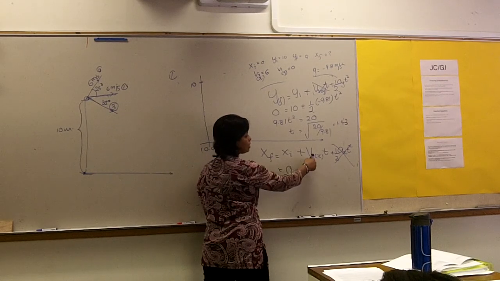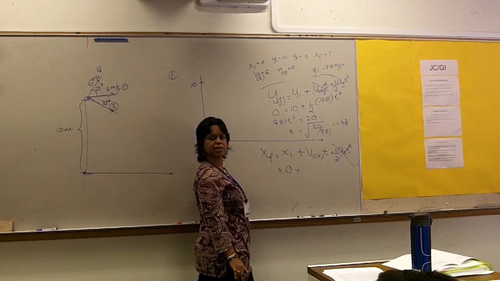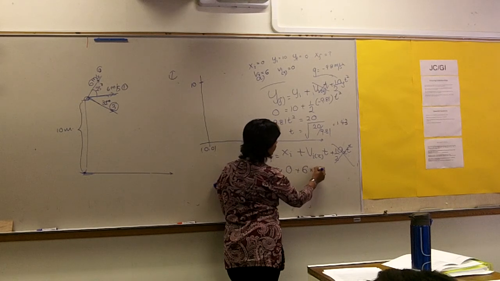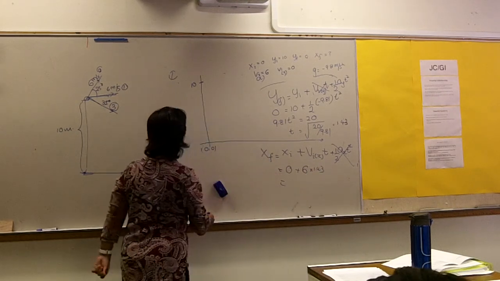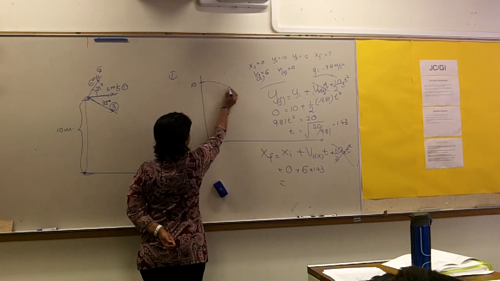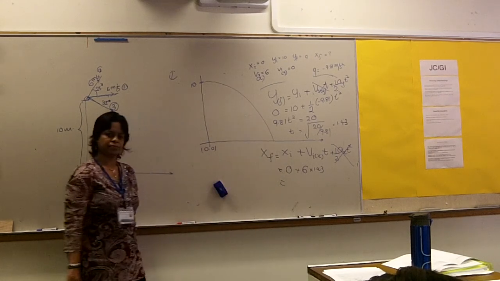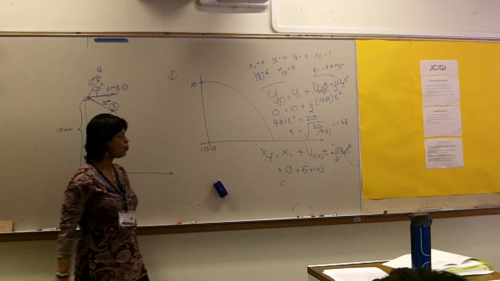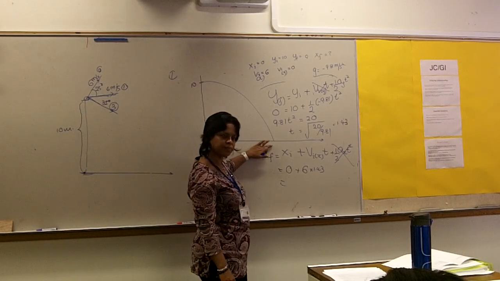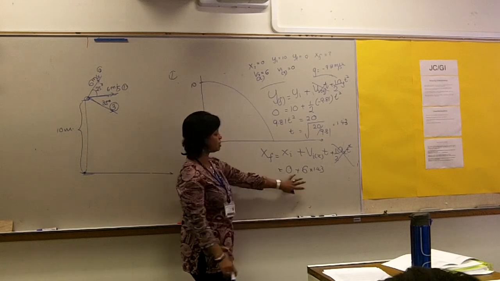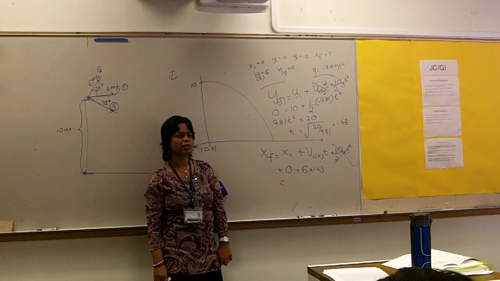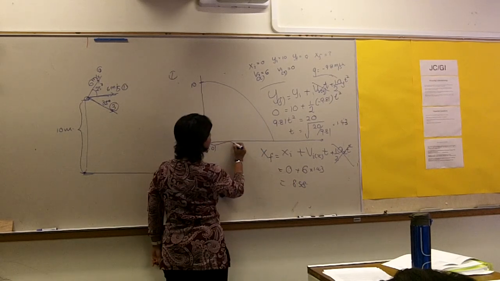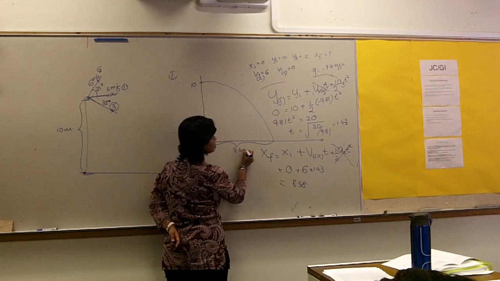Xi is 0. Velocity in the x direction is 6. t is now 1.43. So you get the meters: 8.58. So it moved from here about 8.6 meters.